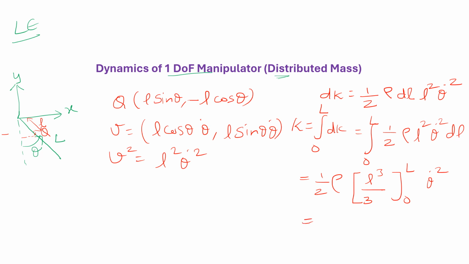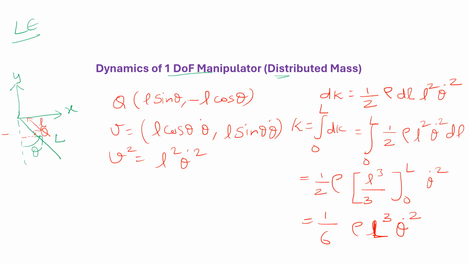After substituting the limits, we get 1 by 6 rho, sorry, this should be capital L, L cube theta dot square.